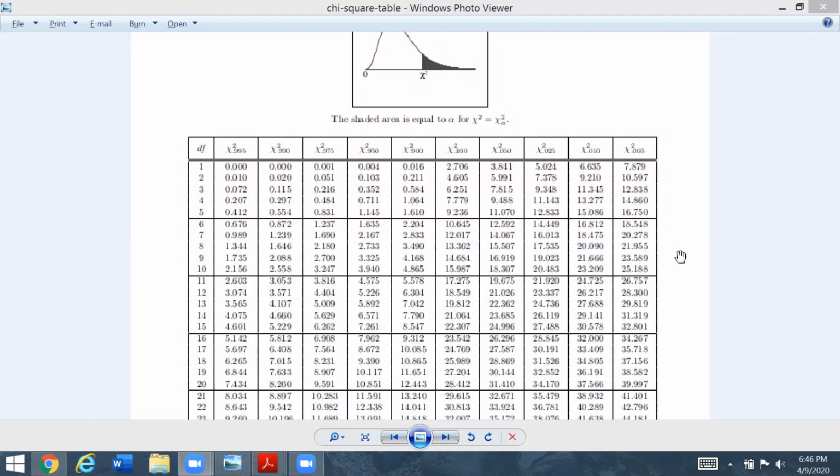So for chi-square left, you subtract, 1 minus alpha by 2. For chi-square right, simply chi-square alpha by 2, so chi-square 0.025, and for the left tail, chi-square 0.975.